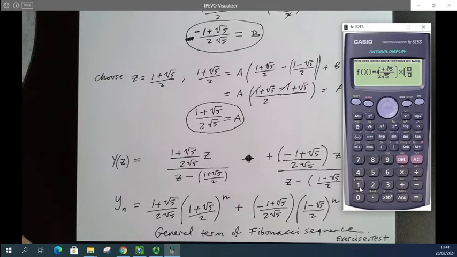So what have we got? We've got 1 minus root 5. So it's great to have calculators to do this work, as you will see in a moment. We're going to raise this to the power of n as well. So to the power of, now of course our n again is x, it's the variable in our function.